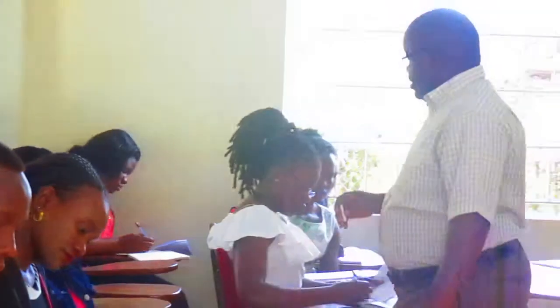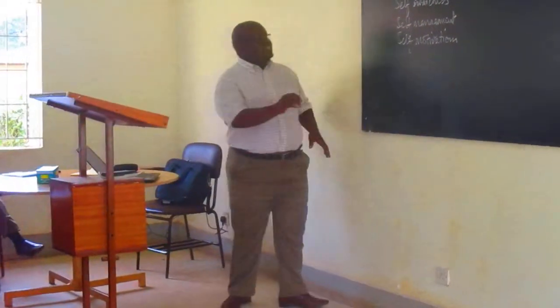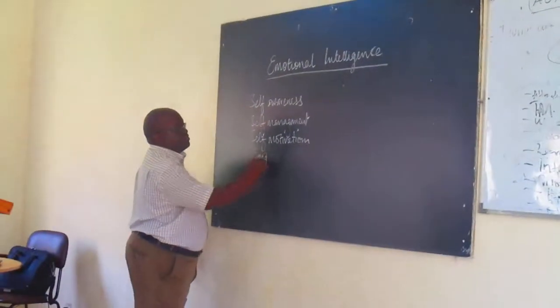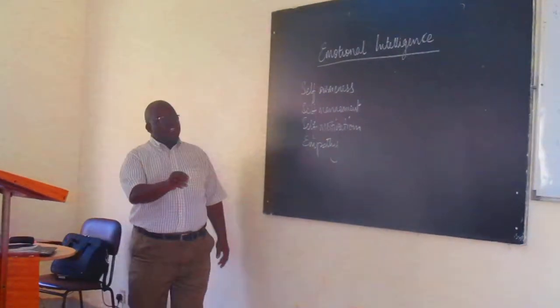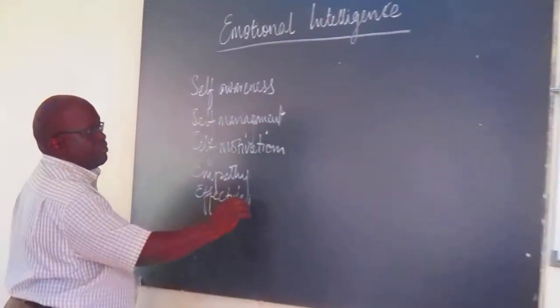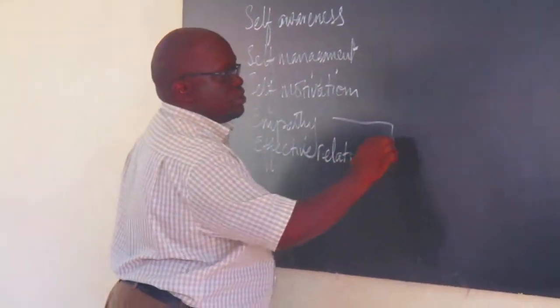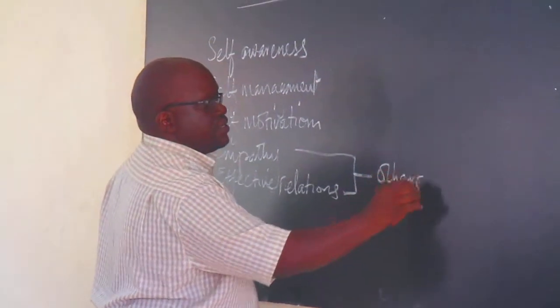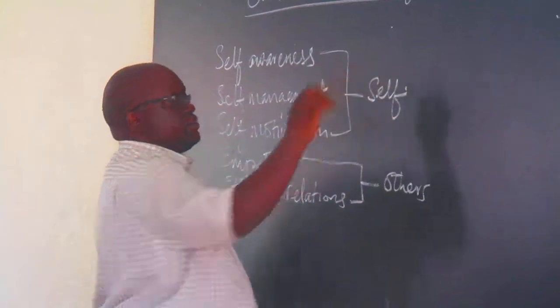They are not any different. You'll see that different authors come up with different names. Then the fourth one is empathy. And the fifth one is effective relations. Now these 2 are about others, and these 3 are about yourself.